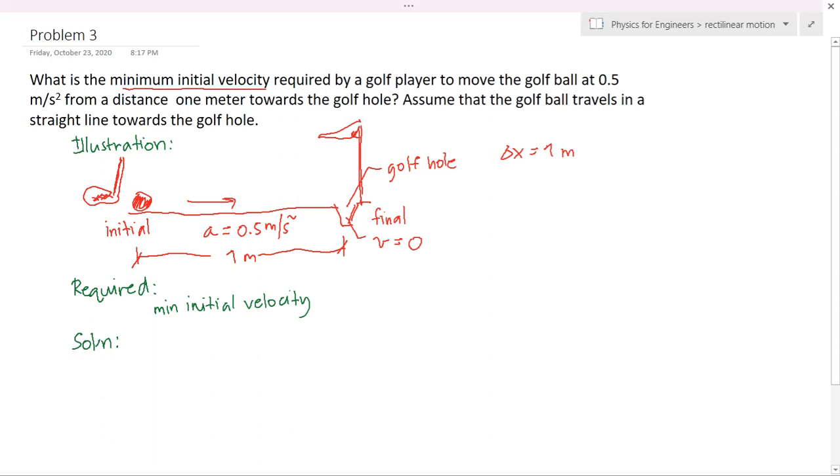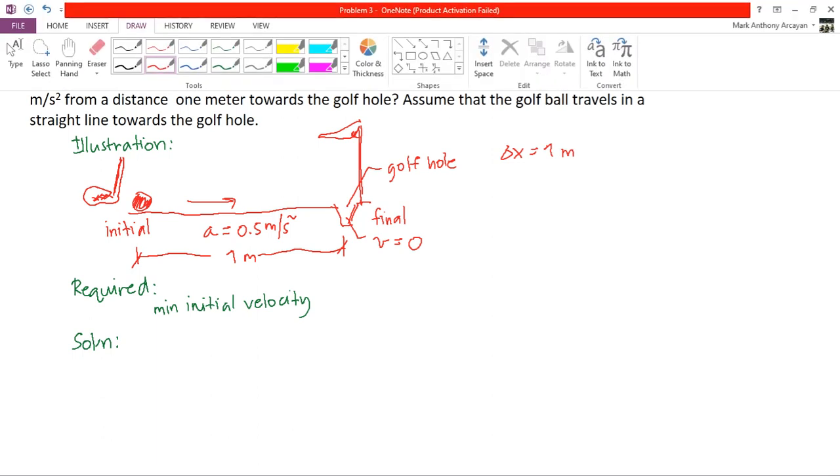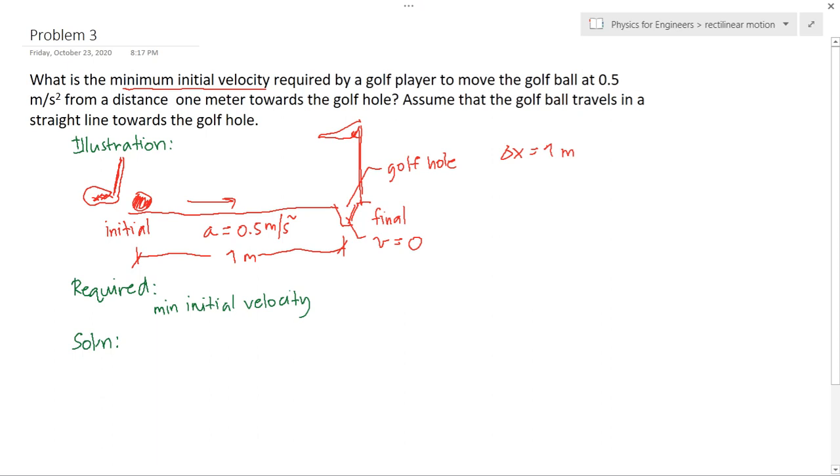So what will we do here? We have a displacement of 1 meter, an acceleration of 0.5 meter per second squared, a final velocity of 0, and we need to find the initial. Therefore, since time is not stated, we use the third kinematic equation.